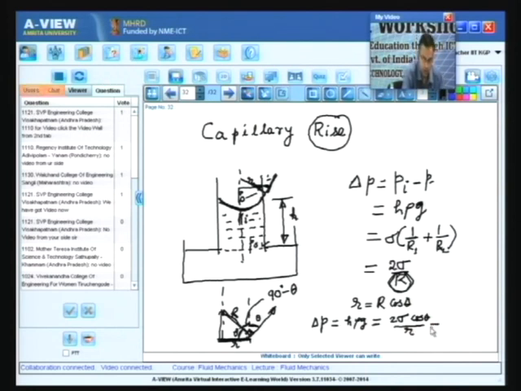Okay. So, what it means is that H, let us write a formula for H. H equal to 2 sigma cos theta by rho g r.